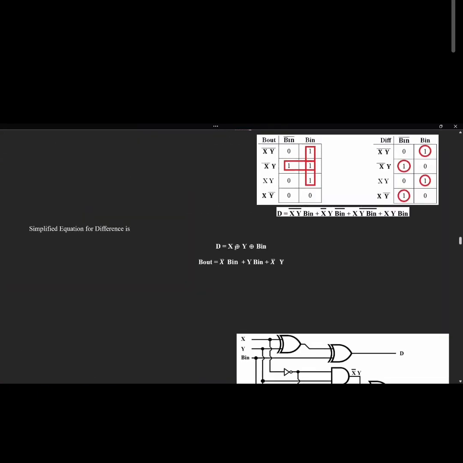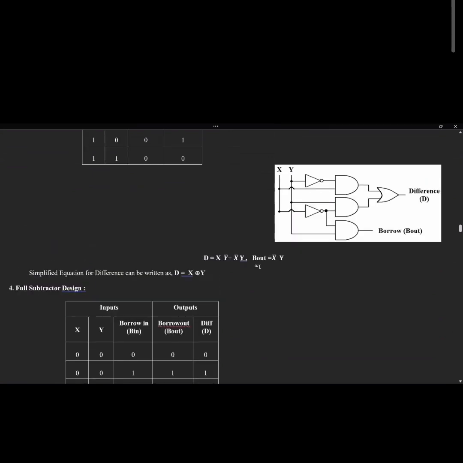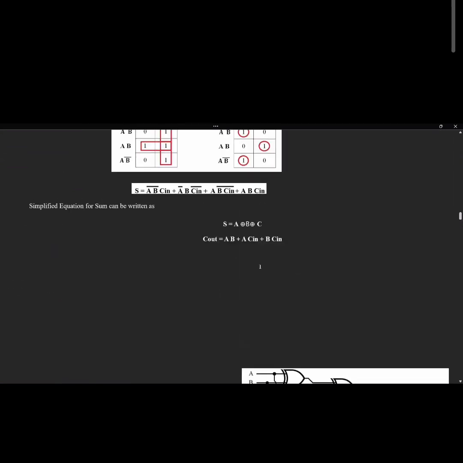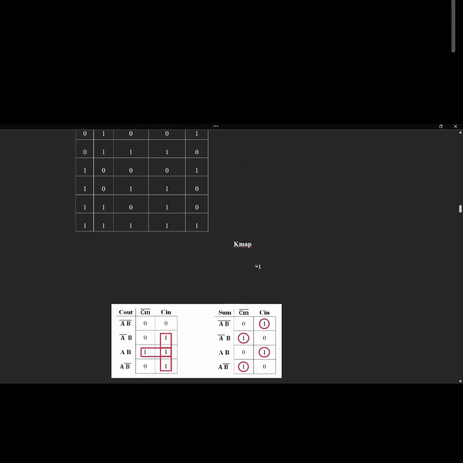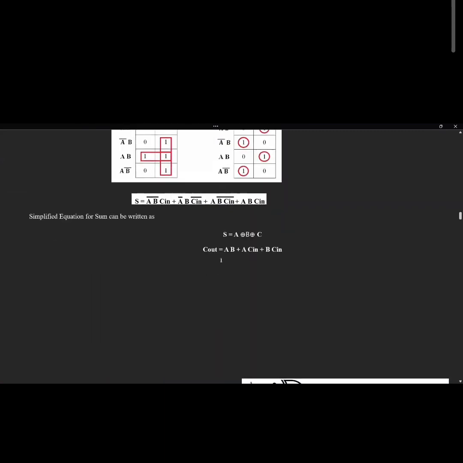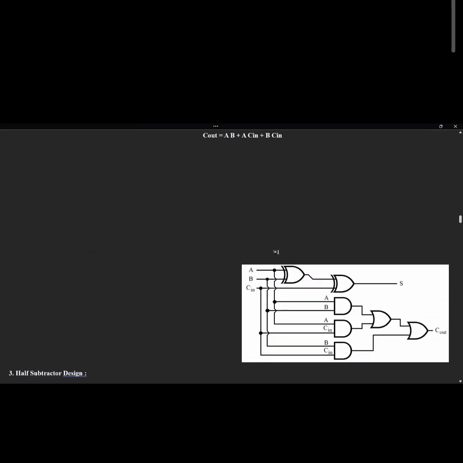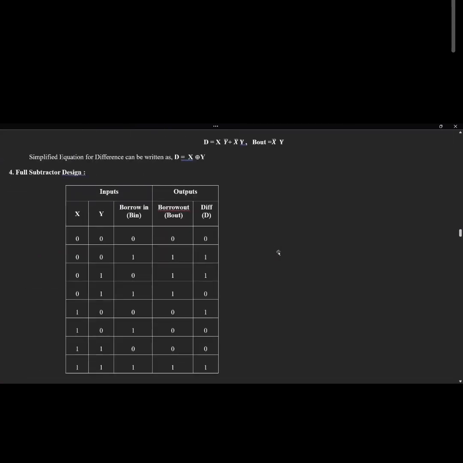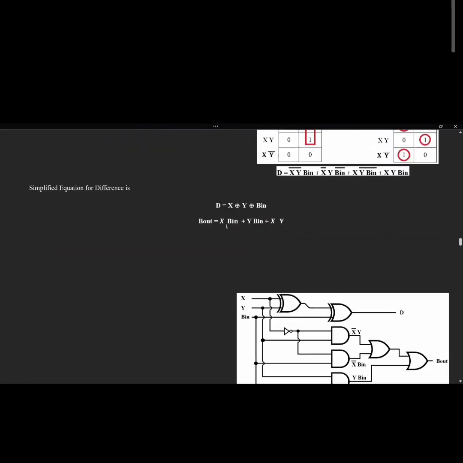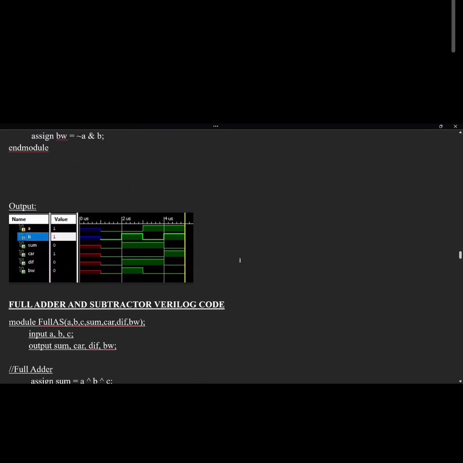We get one equation for borrow out of the full subtractor and another for carry out of the full adder: AB, AC, BC for the full adder, and A bar B, B bar C plus A bar C for the subtractor.